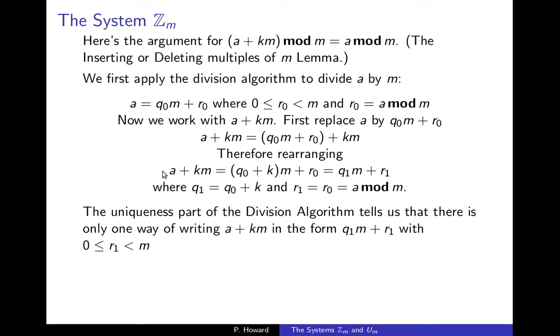Well, in this equation, we have A plus Km written as an integer times M, plus a non-negative number less than M. By the uniqueness part of the division algorithm, there's only one way of writing A plus Km in this form.